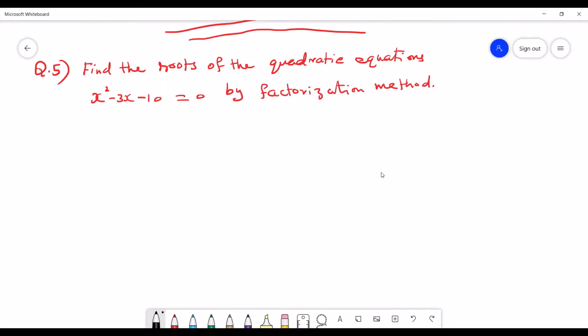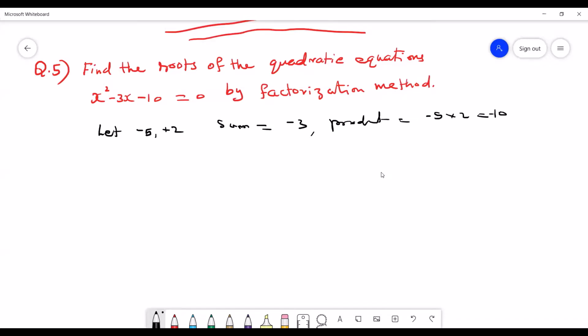So if we introduce two terms, let us consider the two terms as -5 and +2. Then the sum will be -3, as well as the product will be -5 into 2, which is -10.